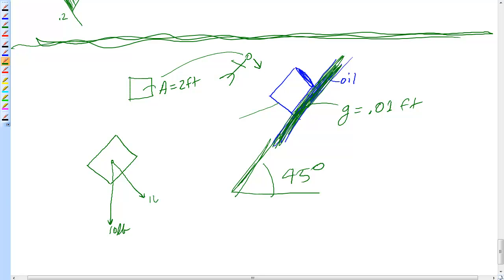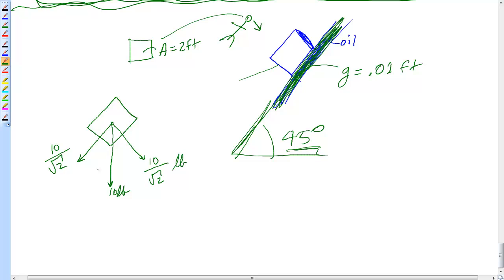Then this portion of it, 10 divided by square root of 2 pounds, isn't doing anything. It's just pushing against the oil. This part, though, is pulling 10 over square root of 2. Again, it's square root of 2 because it's 45 degrees. If this was 30 degrees, it'd be sines and cosines here. This part is pulling it forward.